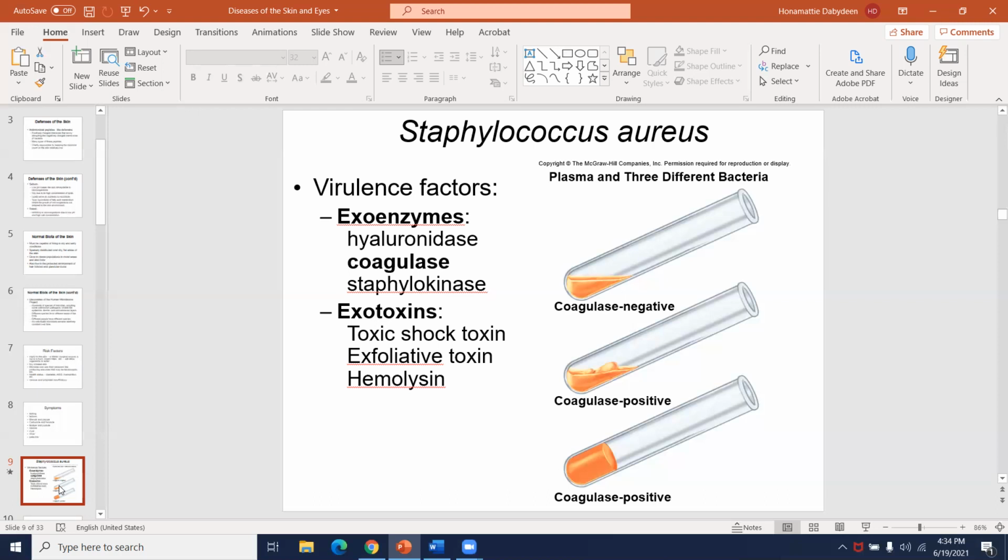Then, of course, we talked a little bit about hyaluronidase. If you remember, that's the enzyme that will destroy hyaluronic acid. And hyaluronic acid is the cementing material between your tissue cells. So if you can destroy that cementing material in between the cells, of course, the organism can invade and get in between your cells to cause the damage.